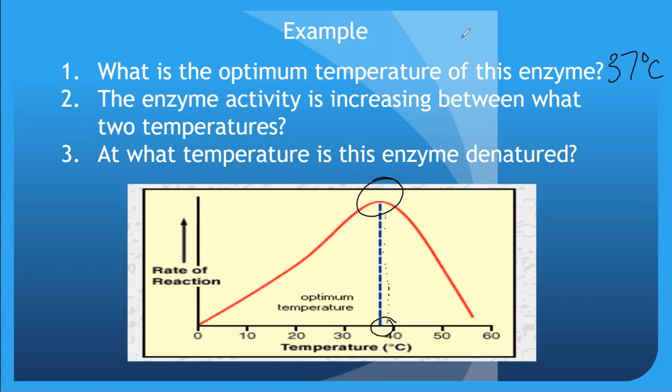We can see that because this is where the most reactions are happening. So the more reactions it does, the more efficient it is. So the efficiency, boom, we got that right here. So it was 37 degrees Celsius.